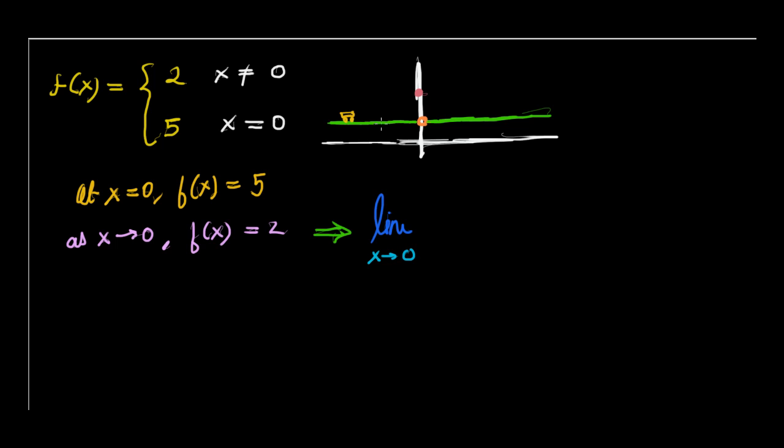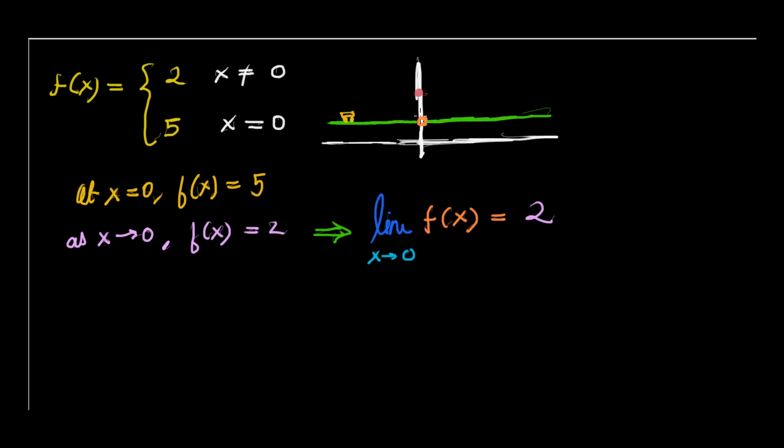As you get closer and closer to this ditch, you are approaching the height of 2. The limit as x approaches 0 of f of x equals 2.